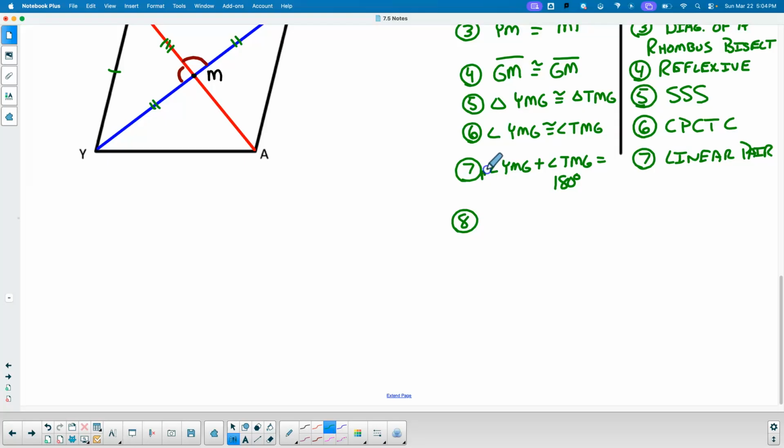The measure of angle YMG is equal to the measure of angle TMG, which is equal to 90 degrees. Division, that's division, because you got two of them that are the same. Divide both sides by 2, gets you 90.